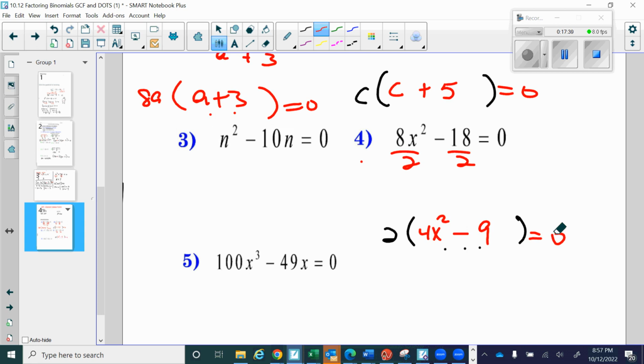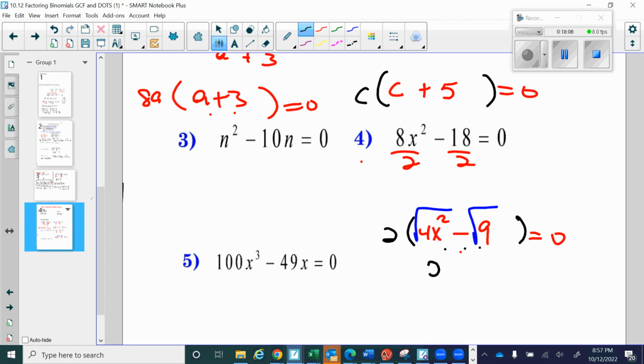So I'm going to take the square root of the 4x squared and the square root of the 9. That's going to give me 2x here, and that's going to give me 3. So my factors are 2x and 3.